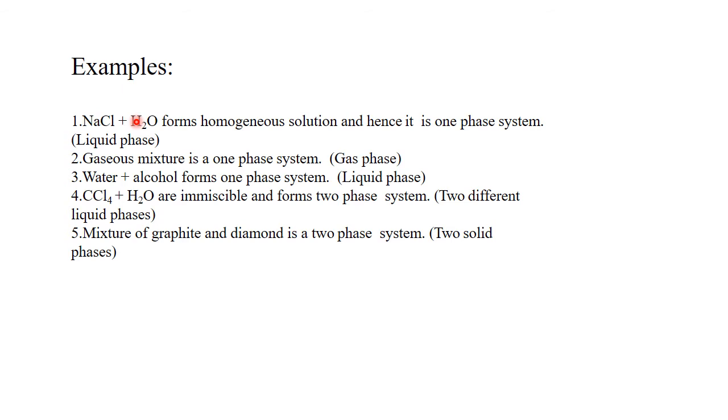When sodium chloride is added into the water, then a homogeneous solution of sodium chloride is formed, which has the same and uniform composition throughout the bulk. So it's a one phase system, and that phase of the system is called liquid phase.